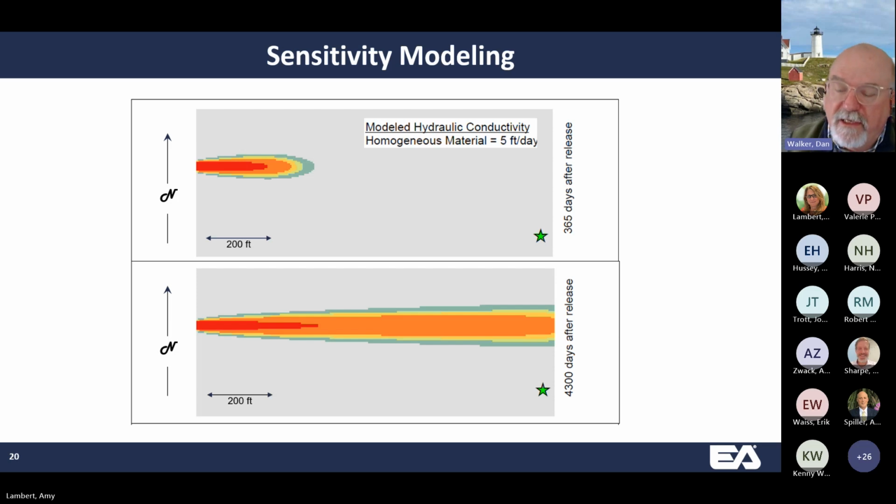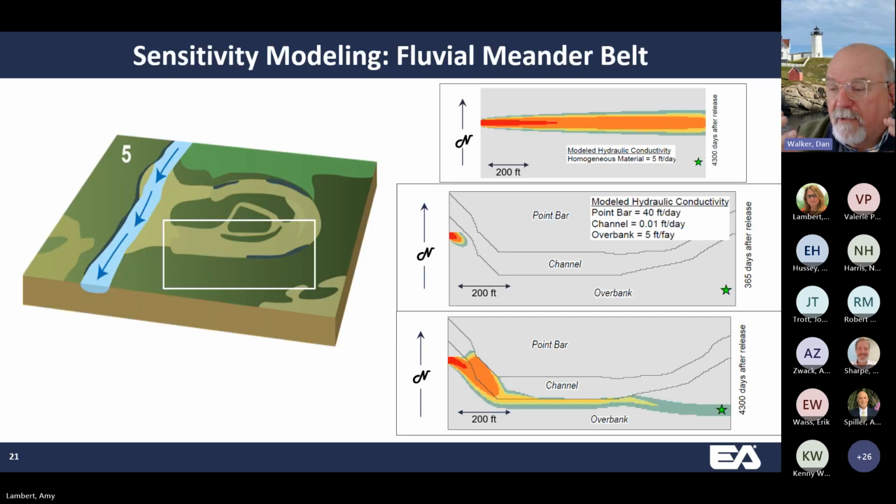If we go to the next logical step, can you go to the next one there, Amy? Thank you. Let's go back to our Oxbow Lake, right? We want to revisit this several times. What we have here is this point bar complex that we talked about that's in the center part of the Oxbow. We've got channel fill material now.